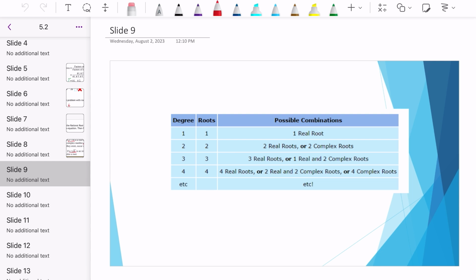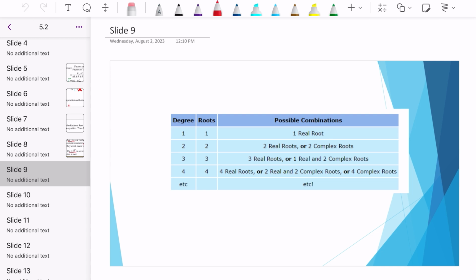With 3, notice, degree matches the number of answers or the number of roots. You could end up with 3 real roots, just as we did in our previous slide, in slide 7, or 1 real root and 2 complex. Something to notice is that you will always have your complex roots occur in pairs.